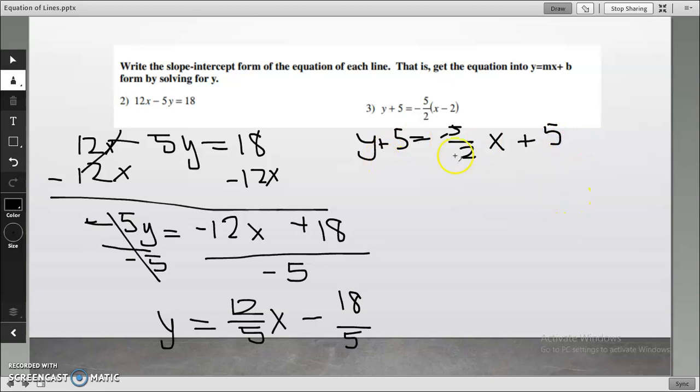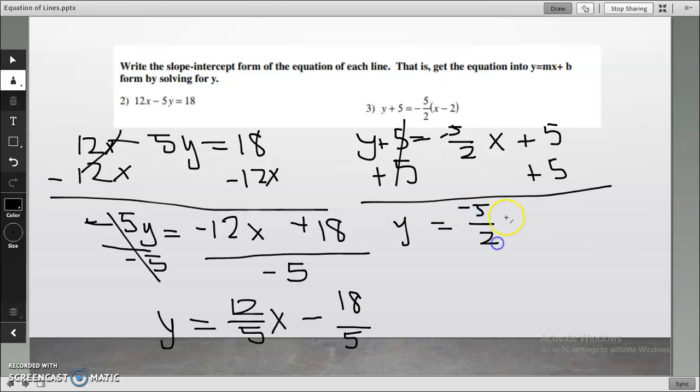So now I need to still get my y by itself. So I'm going to add 5 to both sides. So that crosses out, and I get y equals negative 5 over 2x. 5 and a 5 are like terms, so I can add those, and I get 10. So now it is in my slope-intercept form.